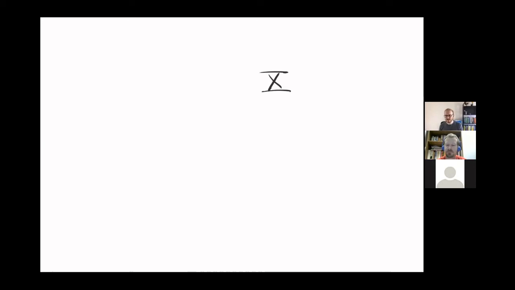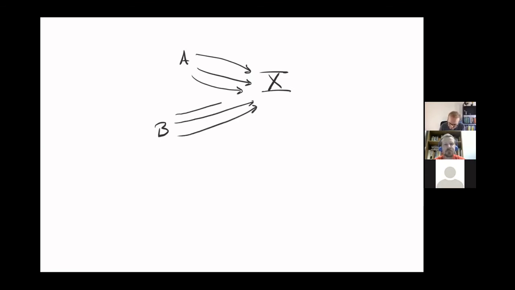Or I could ask, what are all of the morphisms from some other object, maybe A, into X? Then maybe I have some other object B. I could also ask you, what are all the morphisms from B into X? And maybe I have another object C, and there are also morphisms from C into X.